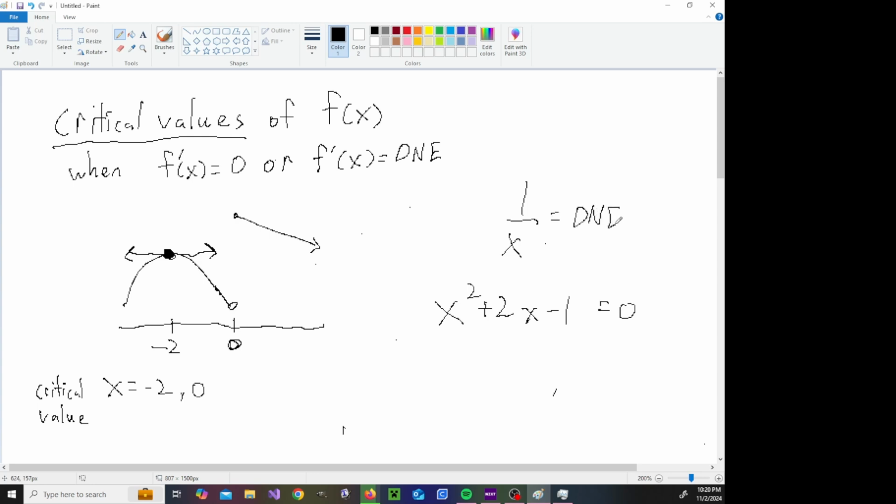So critical values are kind of asking those two big questions about the derivative of the function. So there's a critical value of x when the derivative is equal to 0 or the derivative does not exist. Very good.